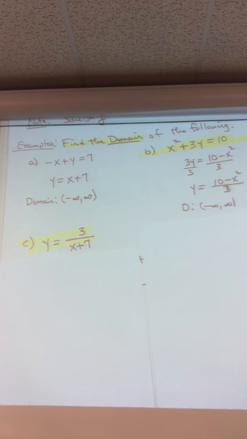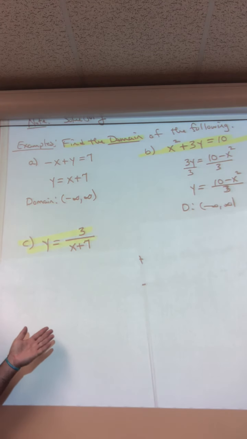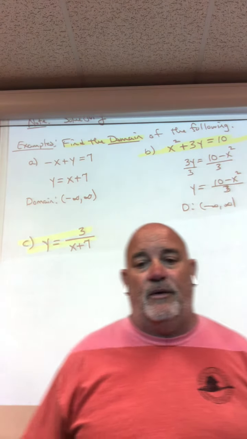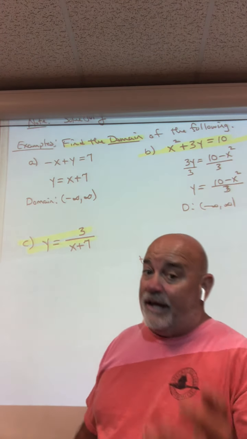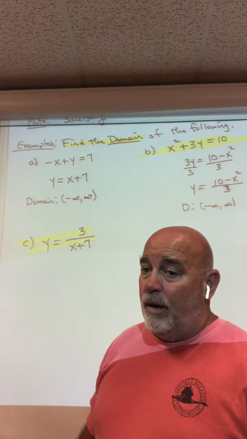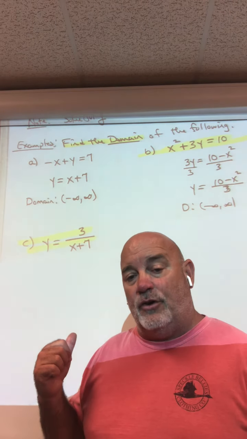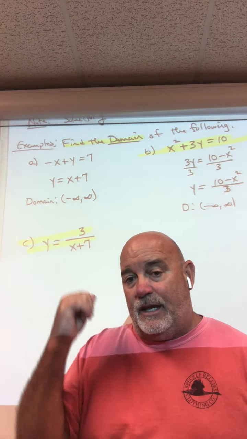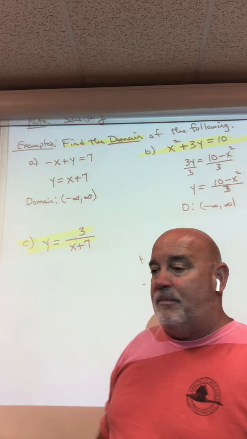Okay, this next one. First, do we have an x in the denominator? Yes. Okay, so we've got to make sure we get out our drink. Well, what would keep me from getting a drink? If you put something in here that causes the denominator to be 0.